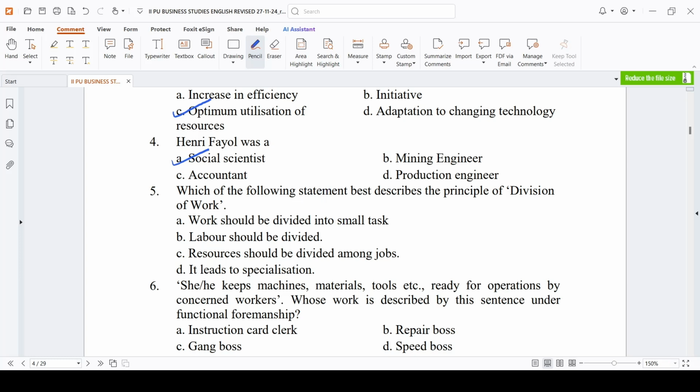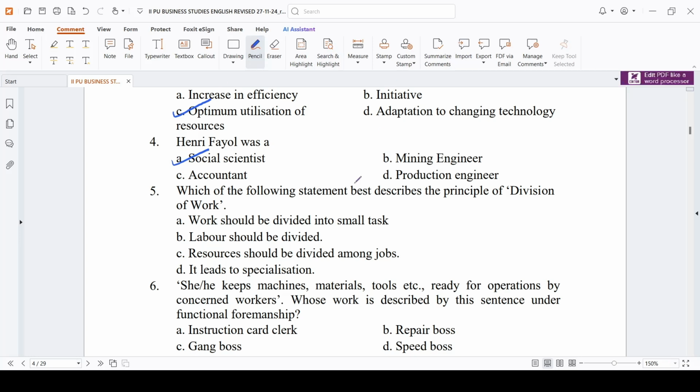If you allot the entire work to a single person, he can't perform it. So first you have to divide that work into small tasks. Then you can allot each individual task to an individual person, so it can be done in a more effective manner. That is the major thought about division of work.